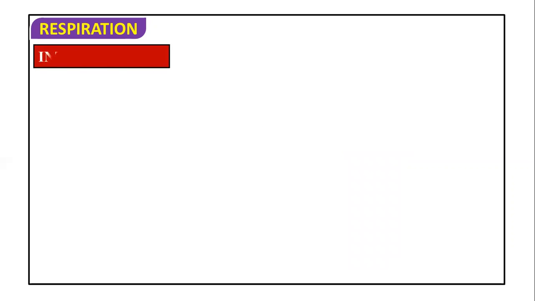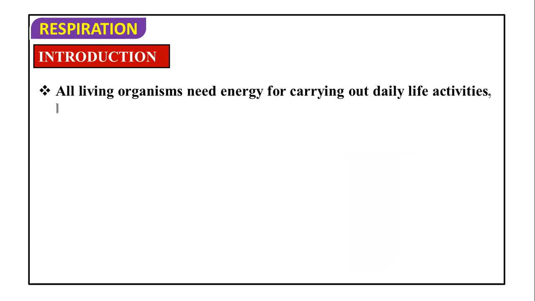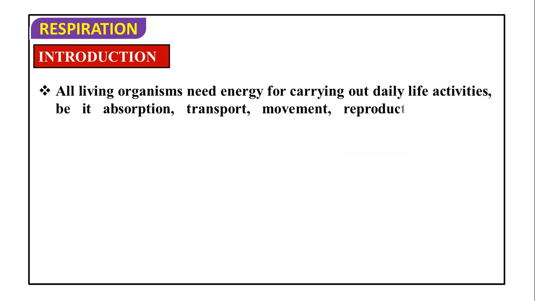Now if we talk about the introduction, we know that all living organisms need energy for carrying out their daily activities. That can be absorption of food or nutrients, then their transport to the different plant organs or different organs, then movement, reproduction, or even breathing.